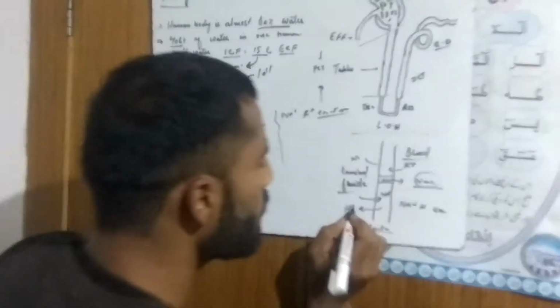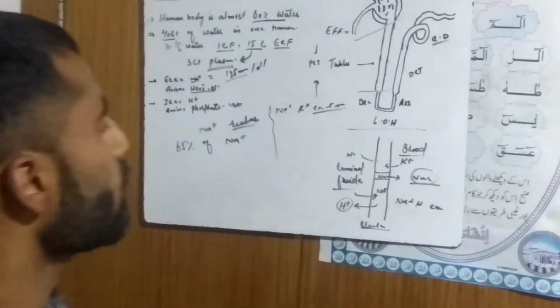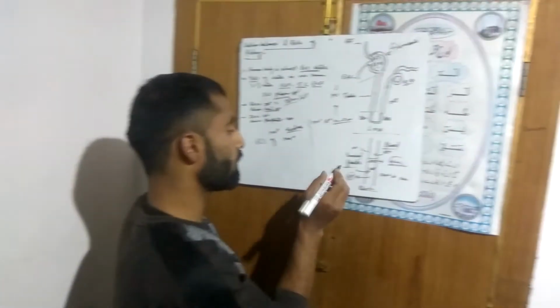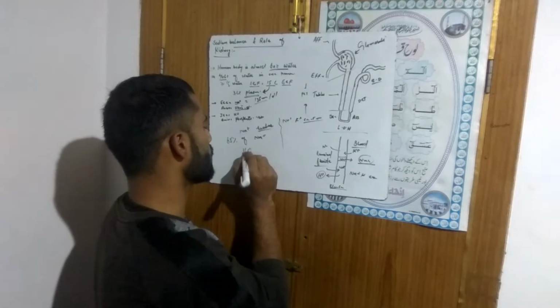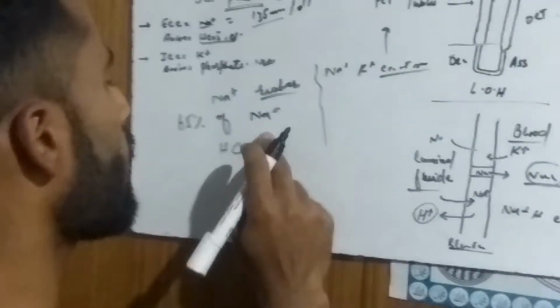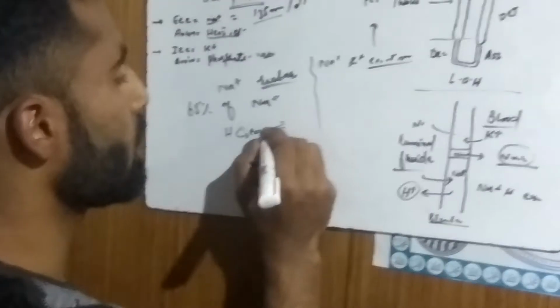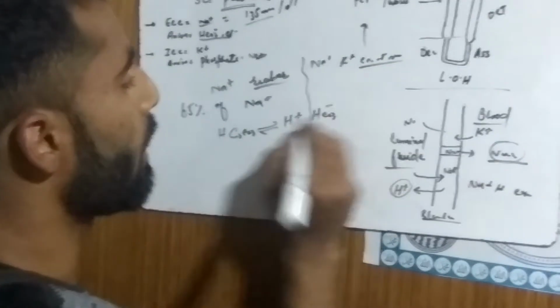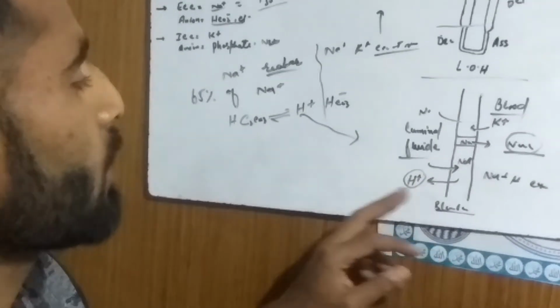Now, where does this H come from? We know that in our body carbon dioxide reacts with water to form carbonic acid, H2CO3, and in these cells there is an enzyme, carbonic anhydrase, which dissociates this into H+ and bicarbonate ion. This H+ is liberated here.